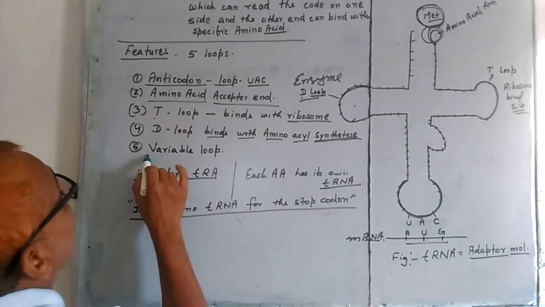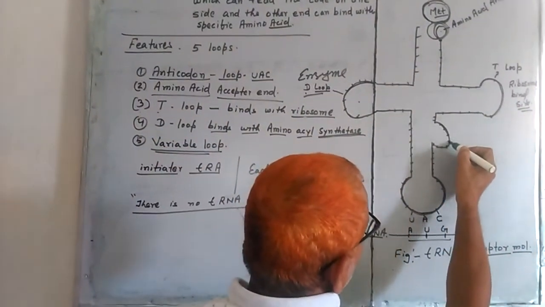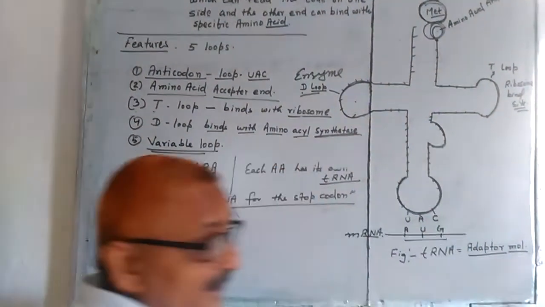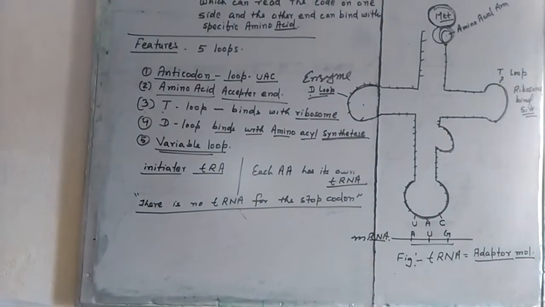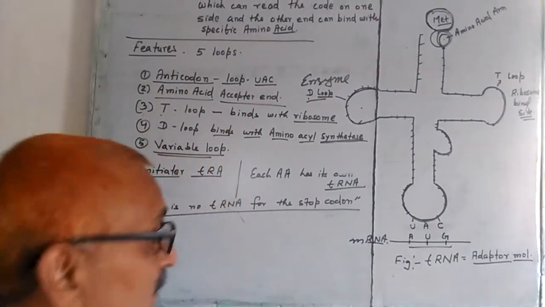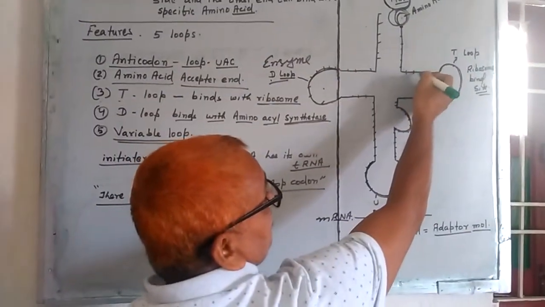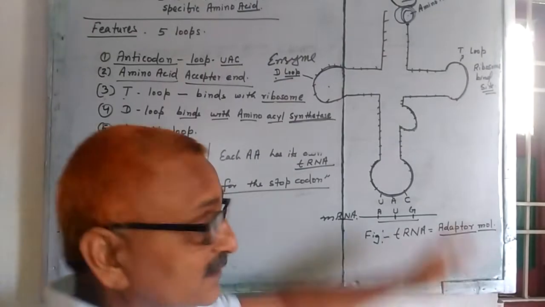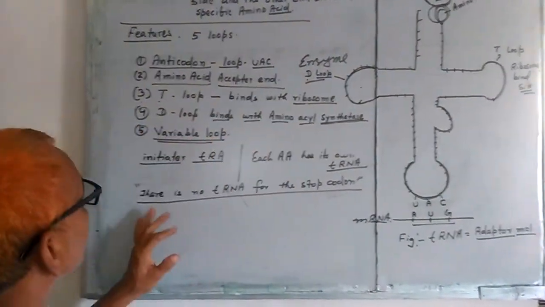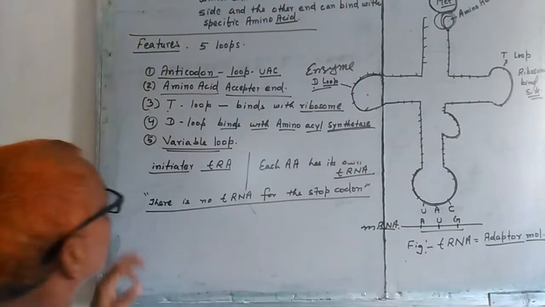And there is a variable loop. This loop you are observing is a variable loop. It varies from transfer RNA to transfer RNA. What the lines indicate are base pairs: adenine, thymine, cytosine, and so on. Not thymine here, uracil will be there.